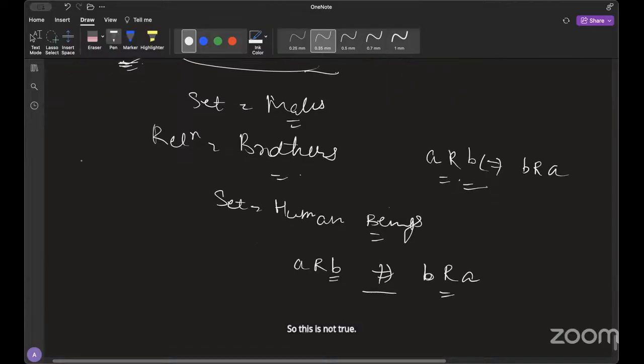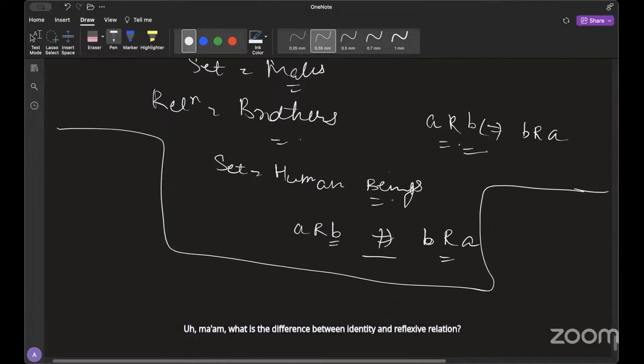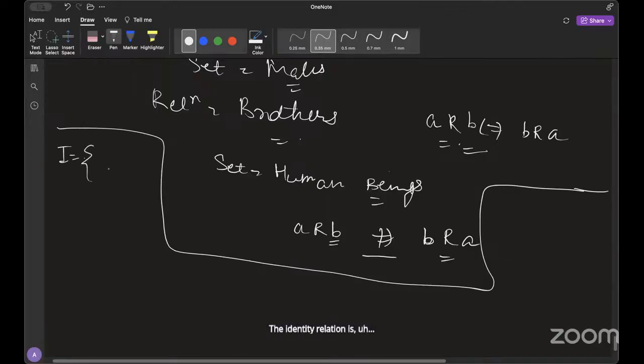Is this fine? Ma'am, what is the difference between identity and reflexive relation? The identity relation is a reflexive relation. Basically, the reflexive relation is this thing, right?